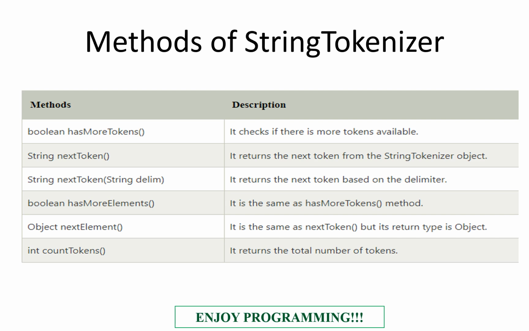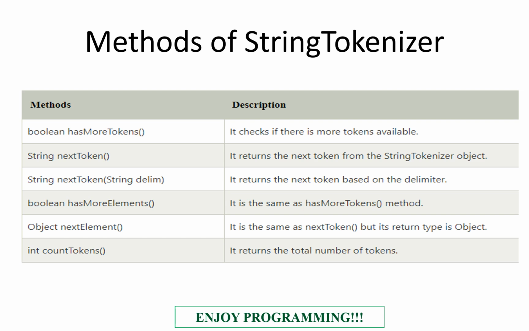Next method, nextToken with one argument, which is the delimiter. The argument parameter we are specifying is the delimiter. In the previous case, we didn't specify the delimiter, so white space, whether a tab space, a single space, or a carriage return, whatever it may be, will be considered as a delimiter.